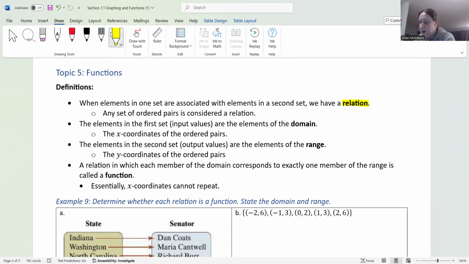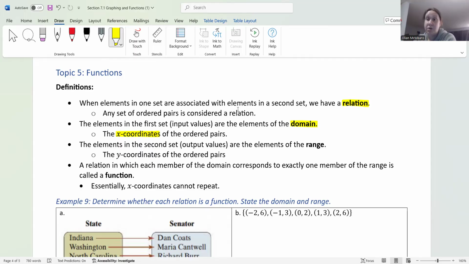Now, the elements in the first set are called the input values, and those would be the elements of the domain. For us, when we're talking about our ordered pairs, we're going to let x be the elements in the domain. The input value we would call the independent variable. It is the x coordinate, those x values.